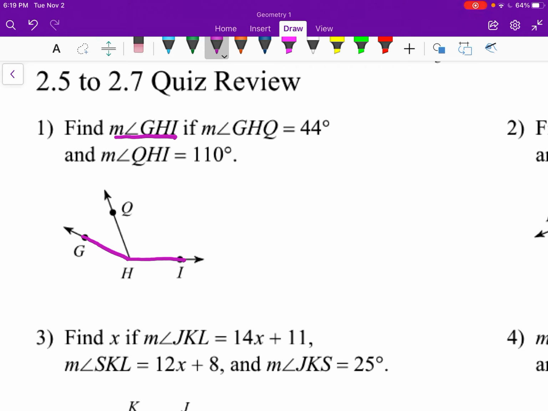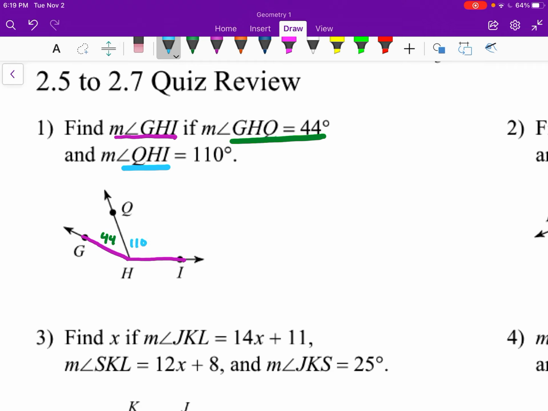We want to find the measure of that angle if we know GHQ is 44 degrees, which I'm not going to write the degrees just because it's small there. And then QHI is 110 degrees.